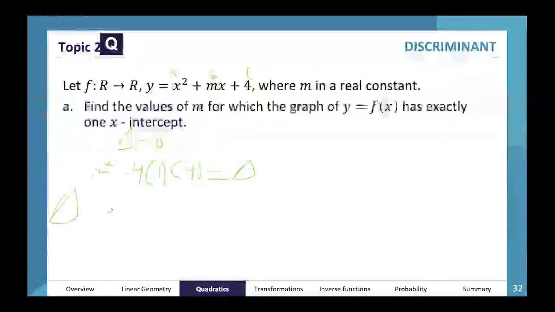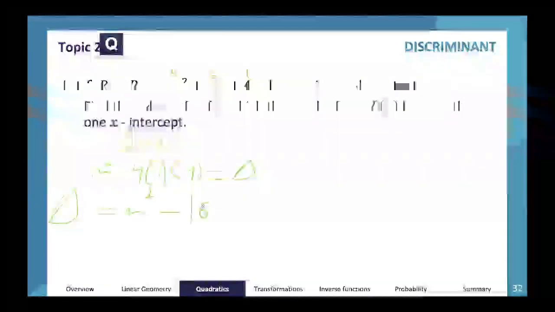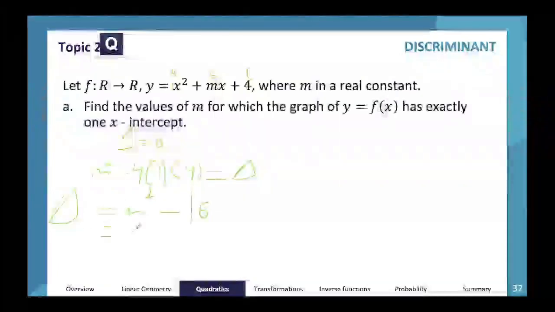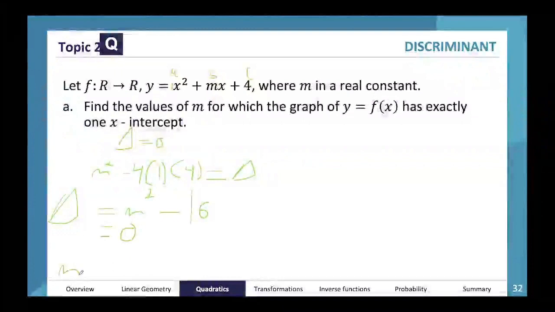Now our discriminant is equal to m squared minus 16, and now we can equate this to 0. We get m squared minus 16 is 0. Solving for this gives us m squared is equal to 16, and from here, m is equal to plus or minus 4.